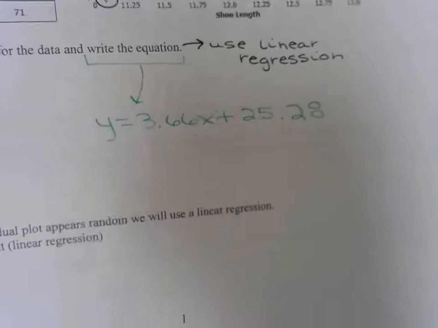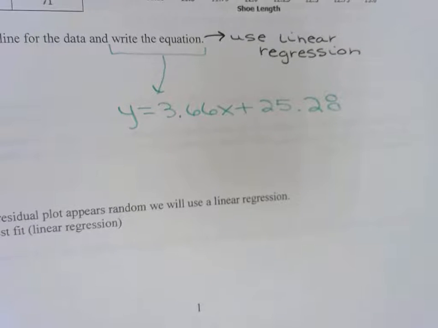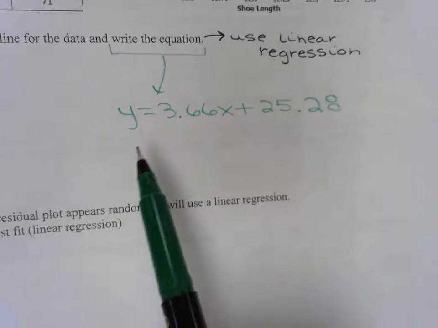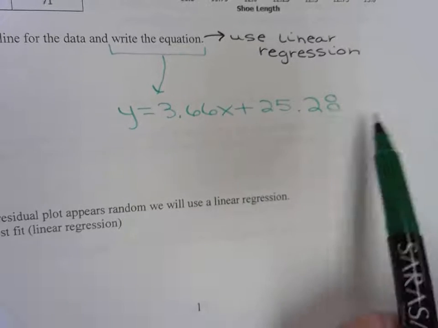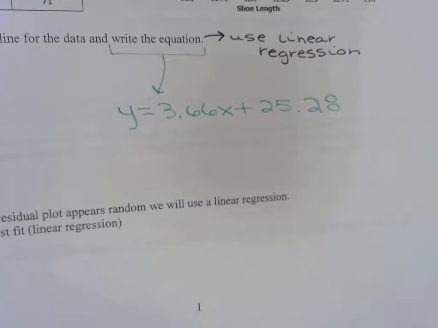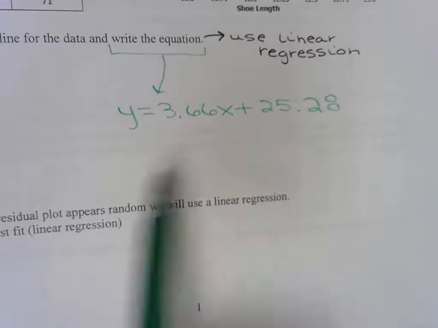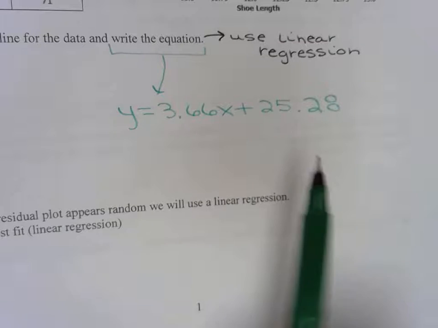That is your equation, y equals mx plus b. It looks like a line because it is the line of best fit. Part 2 is basically we found the linear regression, so it's the same thing.